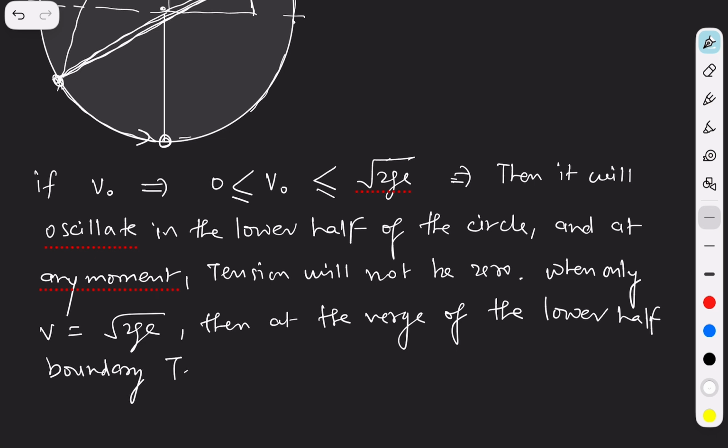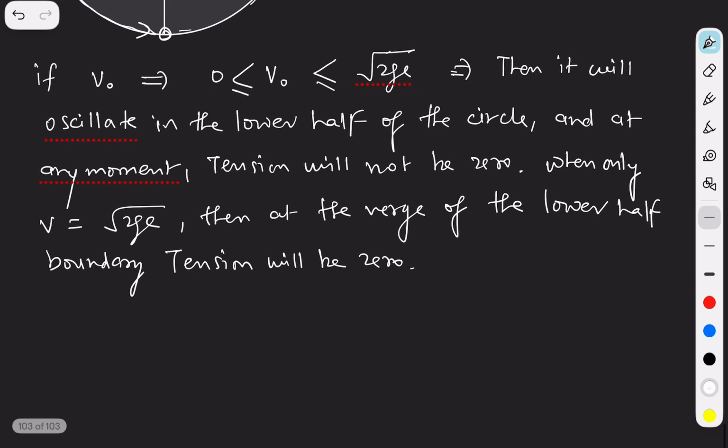And that we can see also, if you put this thing, 3 mg cos theta minus 2 mg, you can do the qualitative analysis also. From that also you can see, just using math only, I'm showing you.